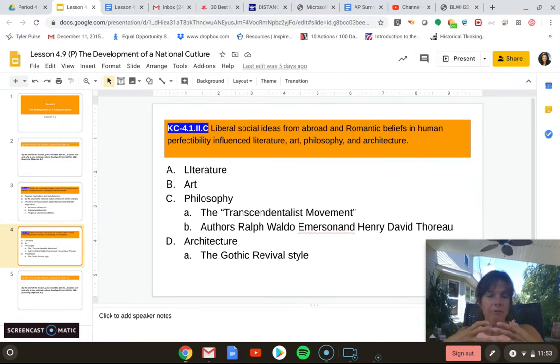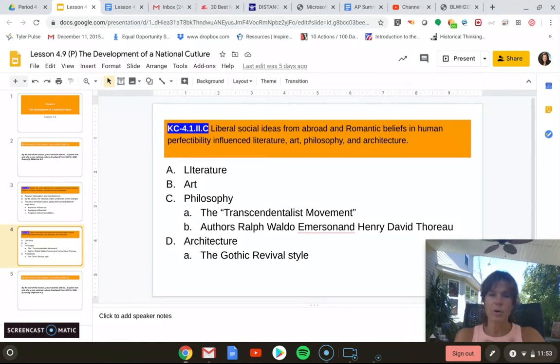Two very famous transcendentalist authors are Ralph Waldo Emerson and Henry David Thoreau, both of whom lived in New England. They were friends. They knew each other. Ralph Waldo Emerson writes Self-Reliance. The very name of it lets you know that it is all about transcendentalism and this American experience that you are self-reliant.